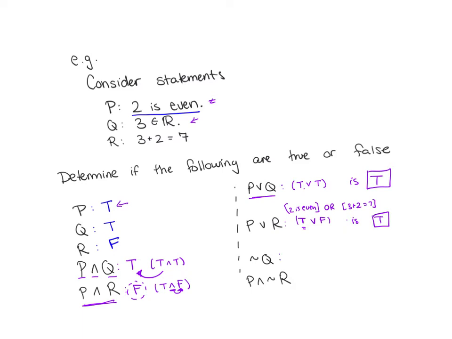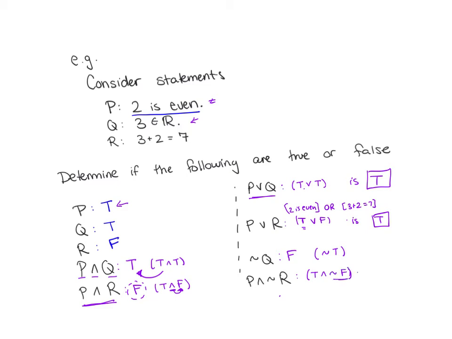Not Q, it is not the case that 3 is an R. That's false. Sorry, again, I wrote the wrong thing. That's false, because I have a not true. And finally, we have P and not R. So P was true, and not R was true, since R was false.